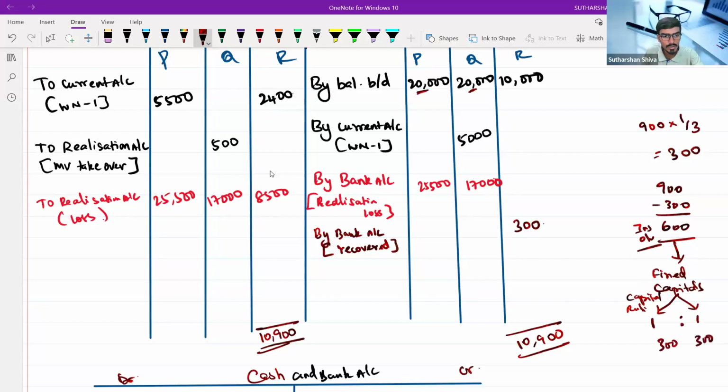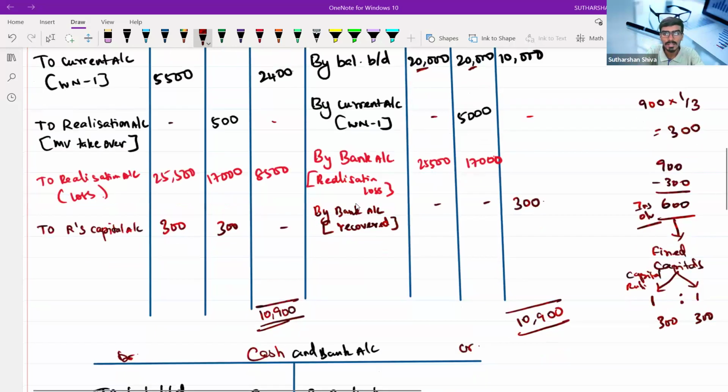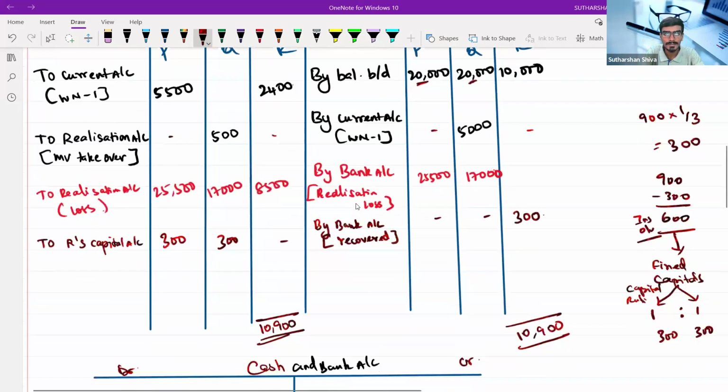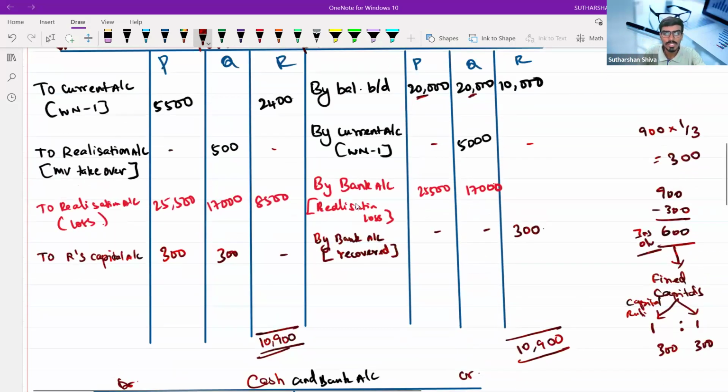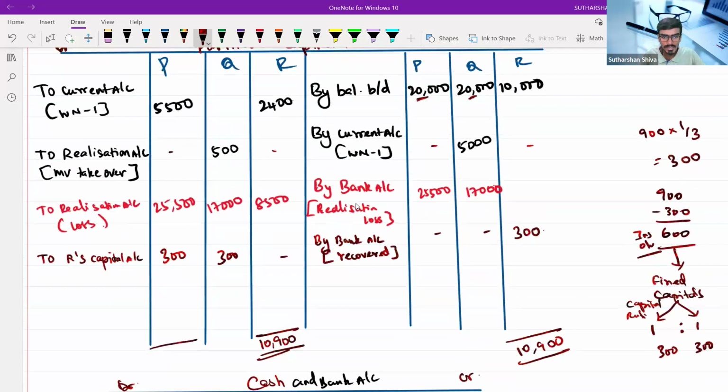So they should take over this, and we will write it on the debit side by R's capital account. How much do we need to put? 300. Now all the values will be tallied, right? R's capital is done. Now we need to balance the values of P's account.